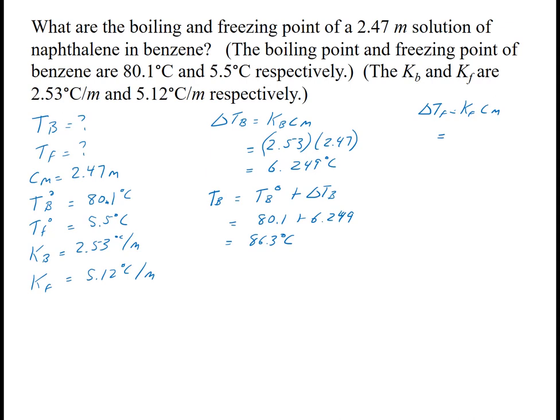So KF was given at 5.12. Cm is still 2.47. So I do that, I get 13.59 degrees C. And so the freezing point is less than, so I'm going to take the freezing point of the pure solution minus delta TF.